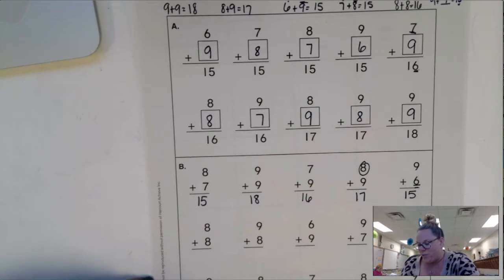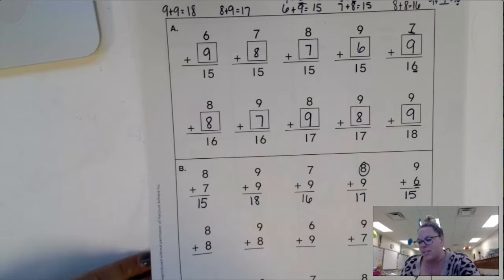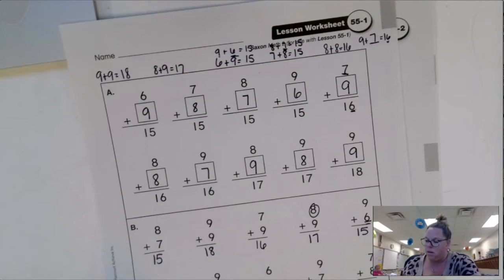Okay, so we did that first row together. I want you to do the next 2 rows of facts on your own for your practice. This sheet will stay home with you.